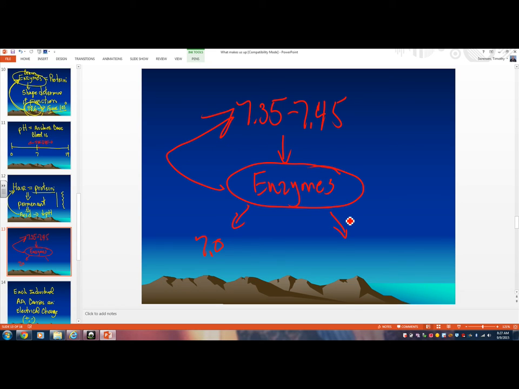If you alter the pH where it becomes 7.6, so it's alkaline, it's going to alter the shape of those enzymes and the chemical reactions inside your cell, and the most important ones are in your brain, and they won't be in their optimal shape, so they won't work as good. So at what pH do the enzymes of the cells of your body work optimally, at least most of them? That's right. 7.35, 7.45.